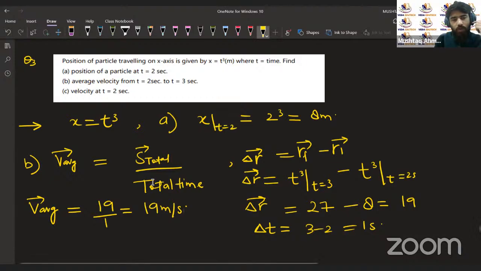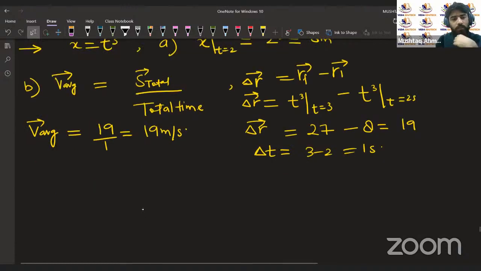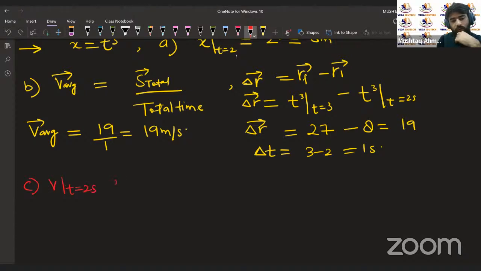And we also have to calculate, in part C, the velocity at time t equal to 2 seconds. So V will be dx over dt, so it will be d over dt of t cube, which is equal to 3t square, right?